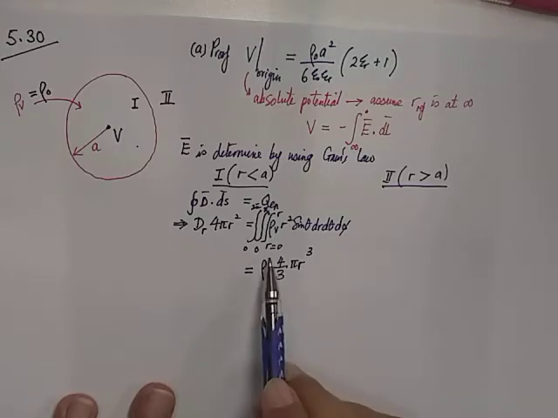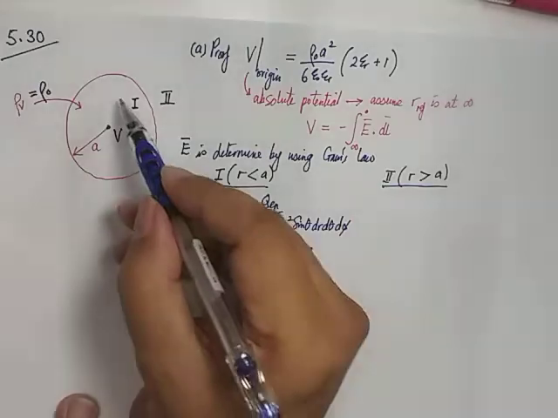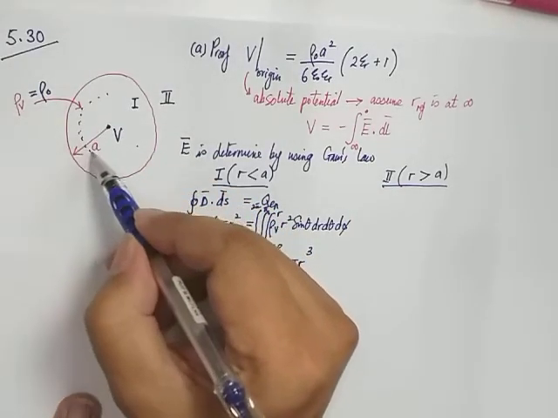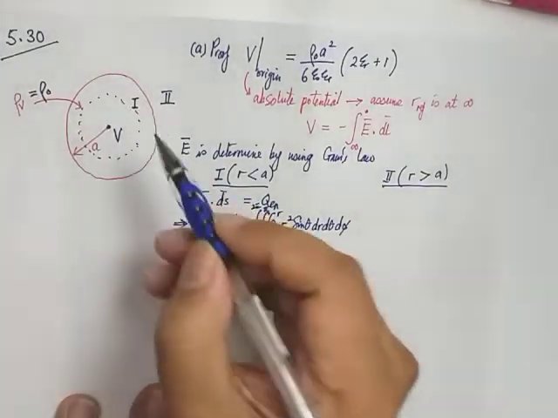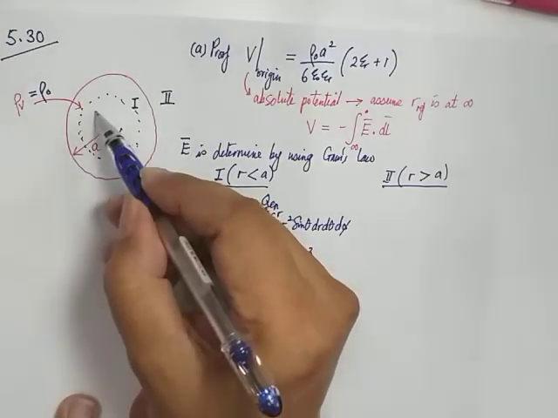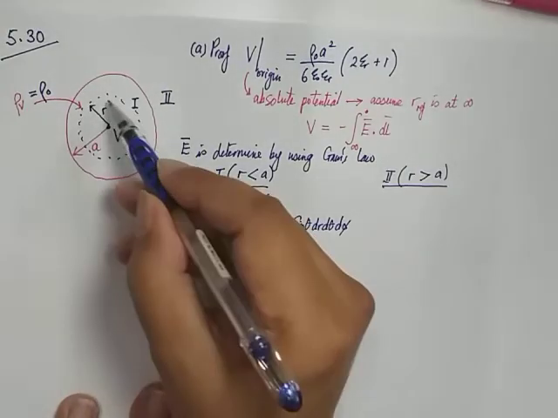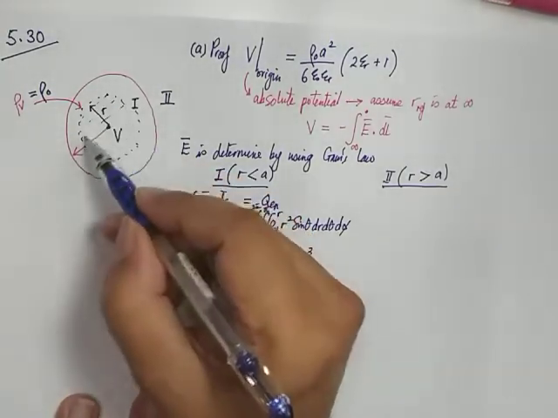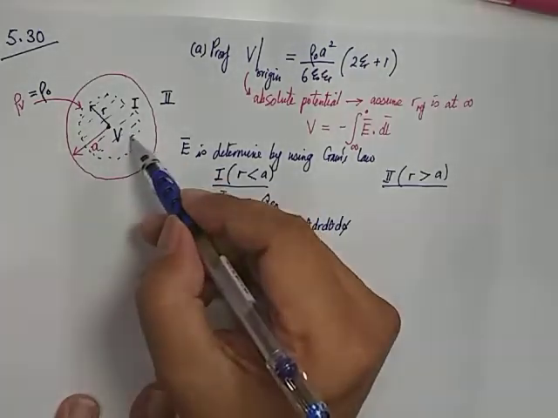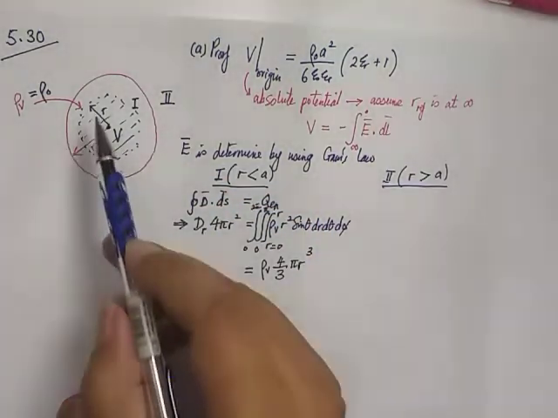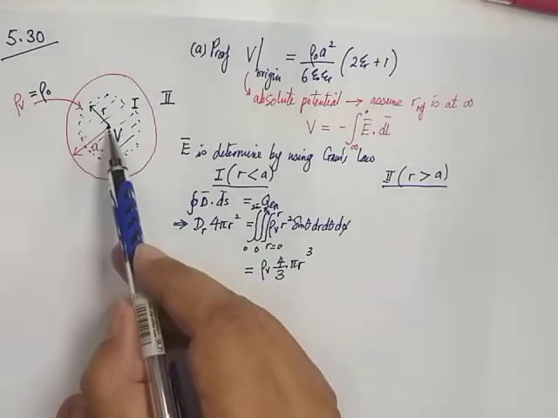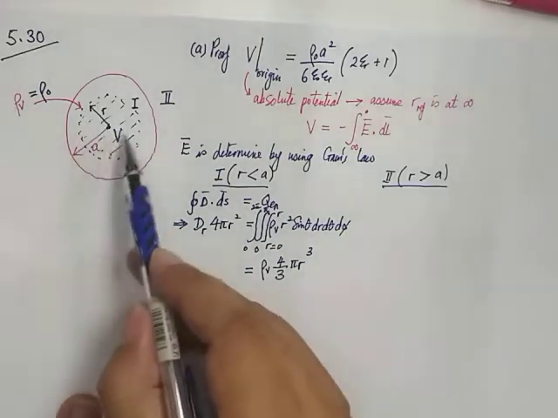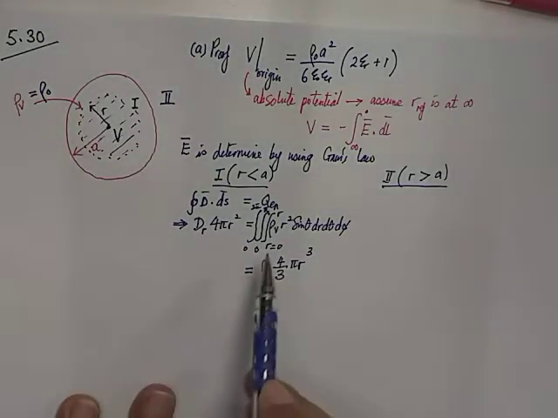You can see the limit of my r is from 0 to r, because the Gaussian is as shown by the dotted line here. So this is our r. For the region where the charge needs to be calculated, less than r, from 0 to r, that's where the charge is actually considered in this calculation.